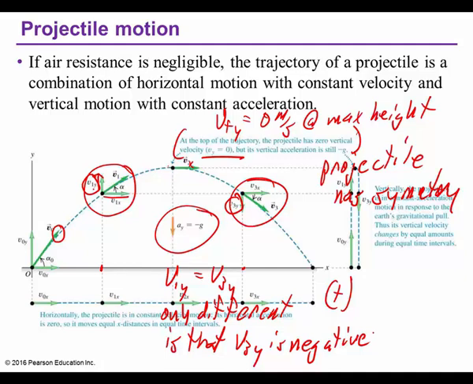So what if that was 15 meters per second at v1? Well, it's going to be negative 15 meters per second at v3. Why? Because it is symmetrical. So that simplifies things even more. Let's say this trip was 4 seconds long.